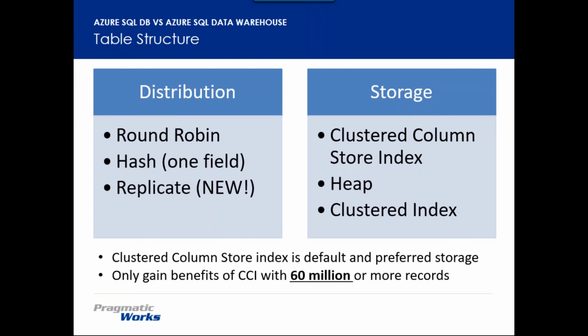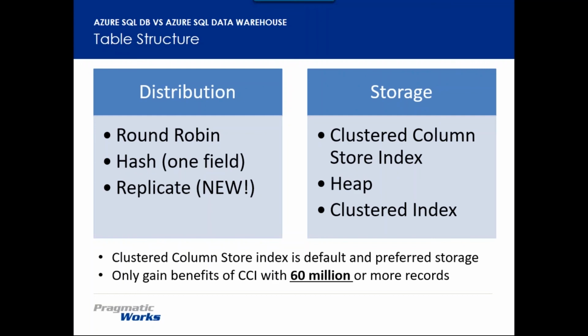And once you have 1 million records, that is when the clustered column store index will do the compression and actually store it in the column store storage. Until then, if you have fewer than 1 million records in your distribution, it can, in name, be stored as clustered column store, but in reality, it's not using that column store technology until you have 1 million records.